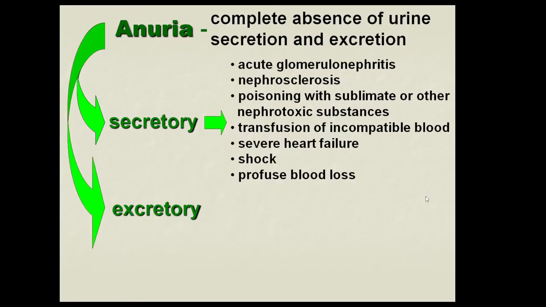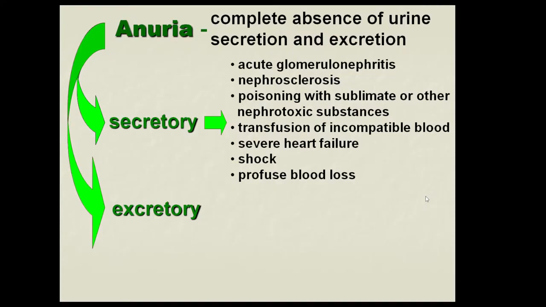Secretory anuria appears as acute situation of the patient with poisoning with sublimate or other nephrotoxic substances. It may be a complication after transfusion of incompatible blood, due to obstruction of arteries with destroyed erythrocytes.